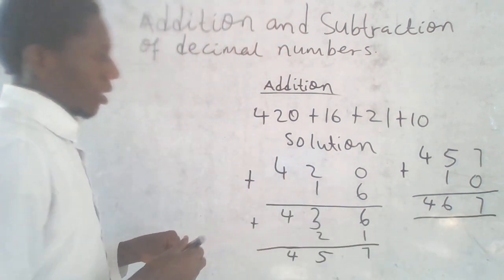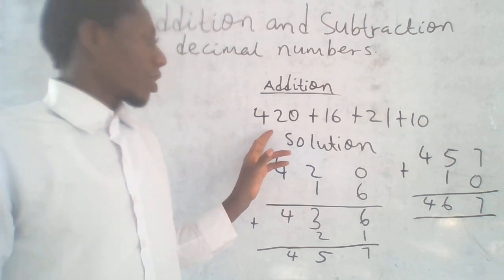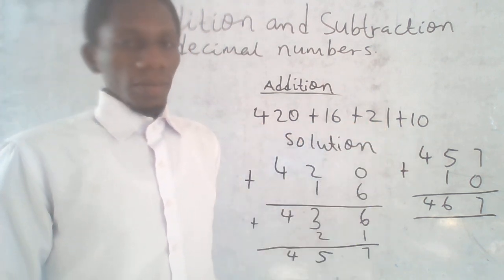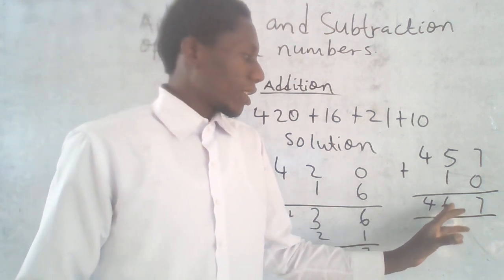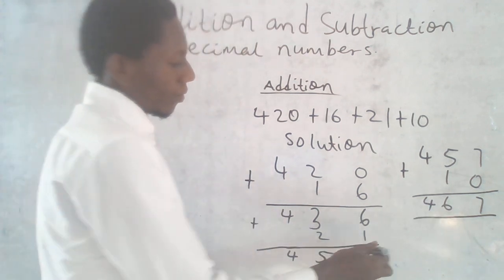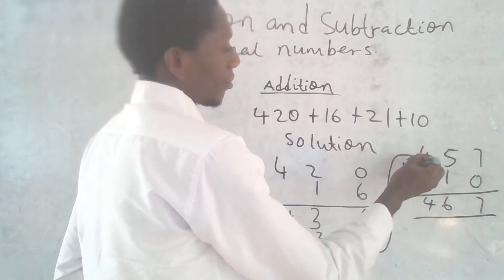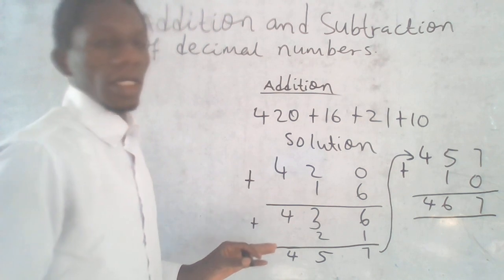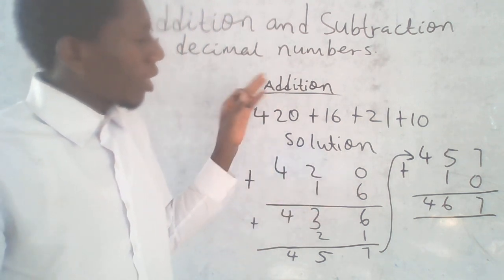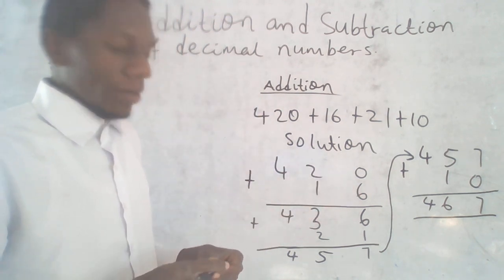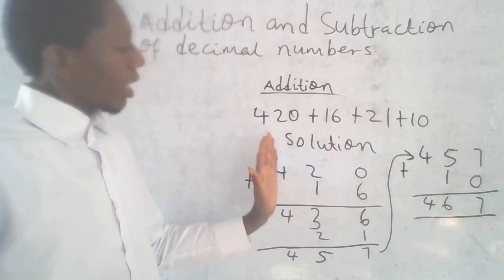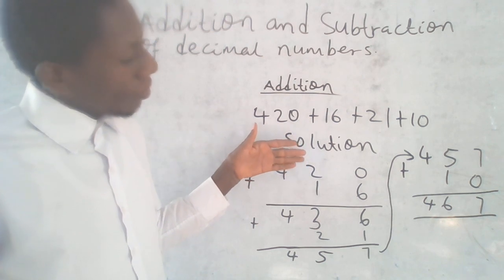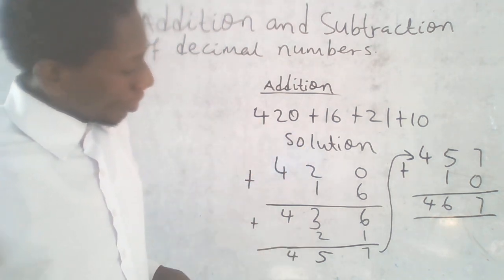This means that 420 plus 16 plus 21 plus 10 is 467. So this is how you can arrange them if you have plenty of numbers to add. You will add them one after the other so that you avoid confusion.